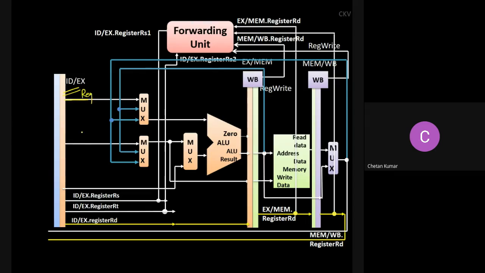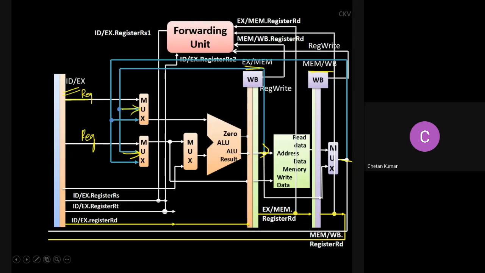This input is from the register file, whereas the other two inputs are from the output of the EX/MEM register, where the previously computed value will be available. In some cases you will be forwarding the value from the MEM/write-back stage.